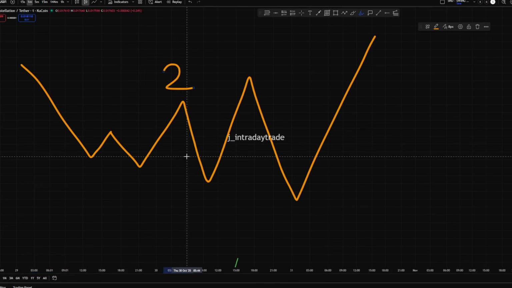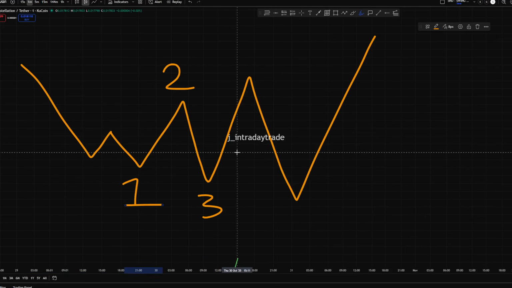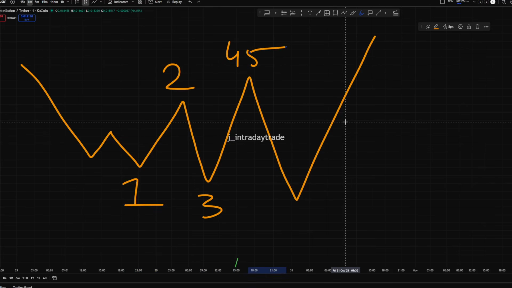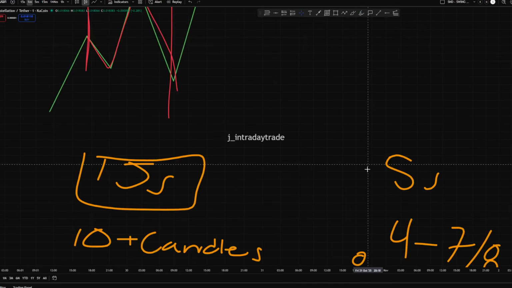But if we have that 2, for example, that's the 3 and that's the 1, right? That means that this is the 4 and 5. But since we understand that every 2 is also a 4 and 5, why? Because let's go back at this, right?